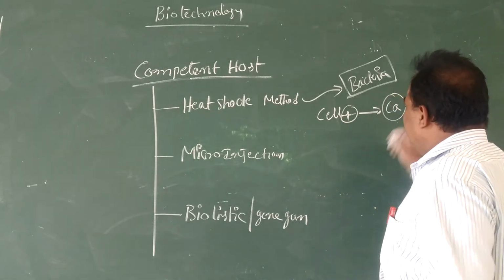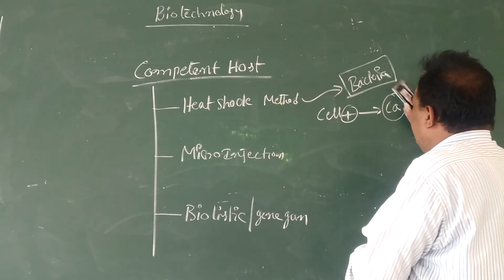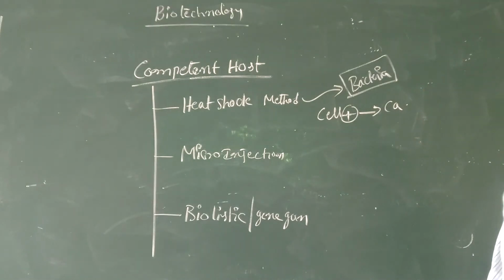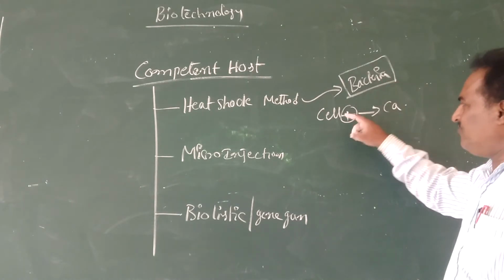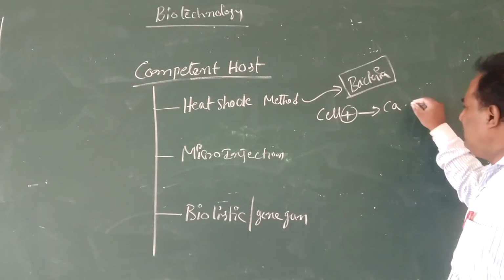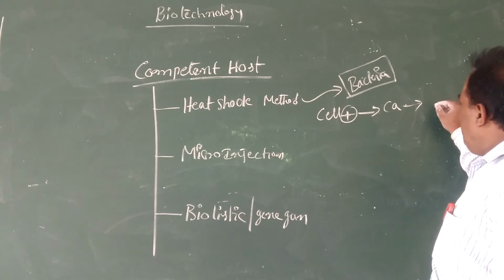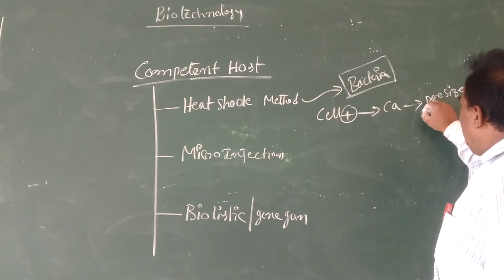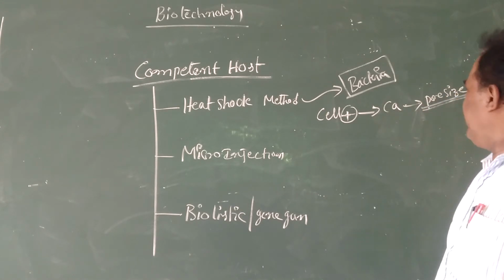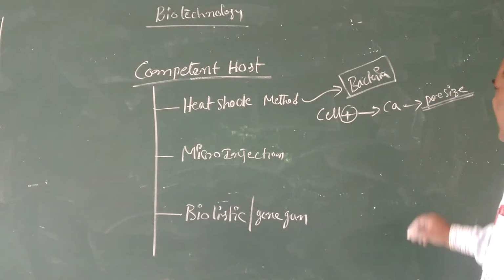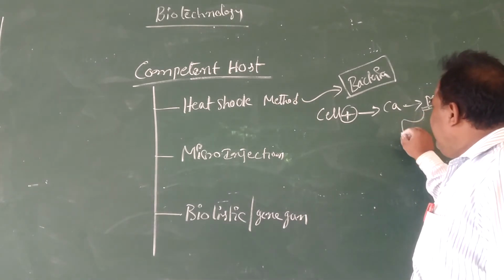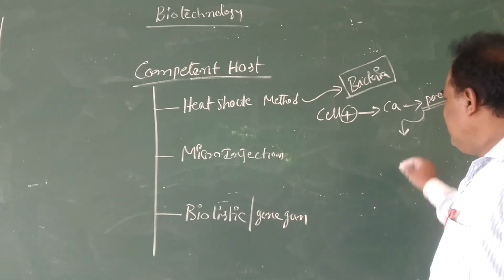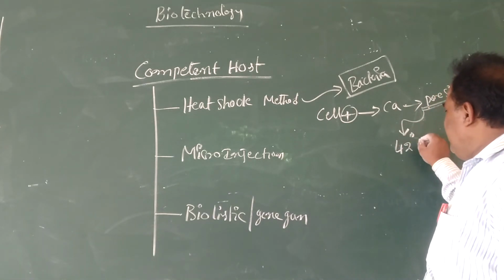Due to the effect of calcium treatment on the wall of the bacterial cell, the pore size increases. The bacteria is then treated with high temperature, about 42 degrees Celsius.